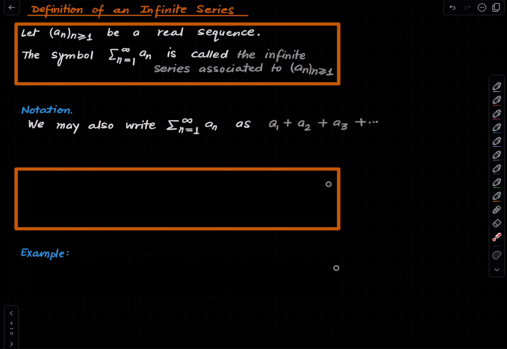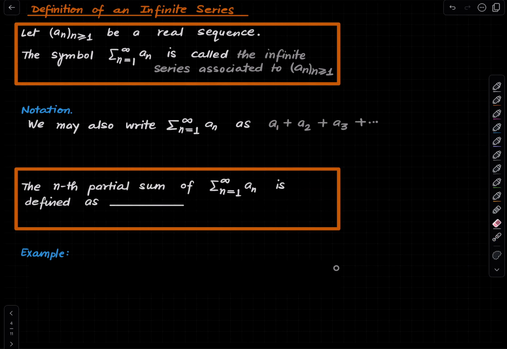Okay. And now, the nth partial sum of a given infinite series. So every time we form an infinite series, we are not going to say that let a_n be a sequence and this be the corresponding infinite series. We just start with the symbol and call it an infinite series. And the nth partial sum of this infinite series is defined as the sum of the first n things.